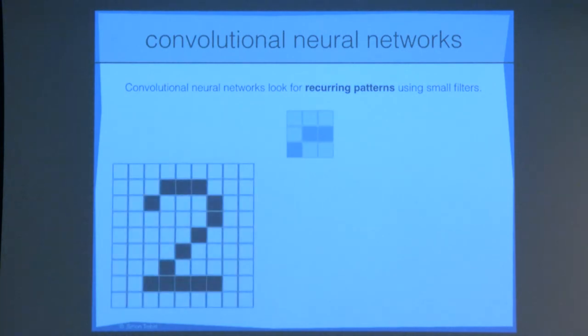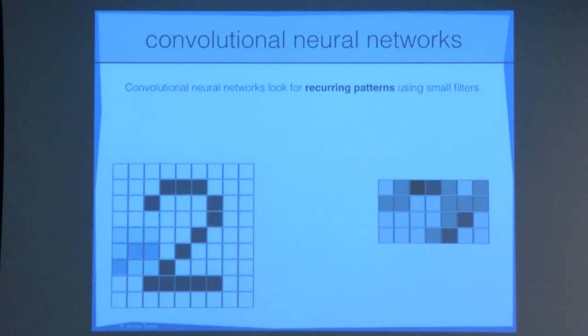Now I can take that filter and slide it over my input. In doing so, I will get hits where this filter works very well. As I move through, I will encode how well the filter works, and the convolved image will look like this.